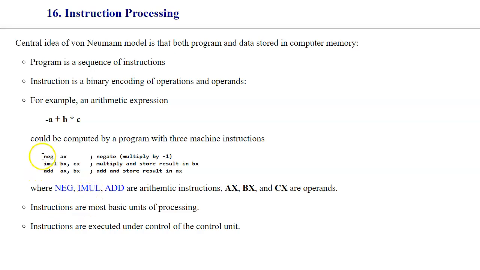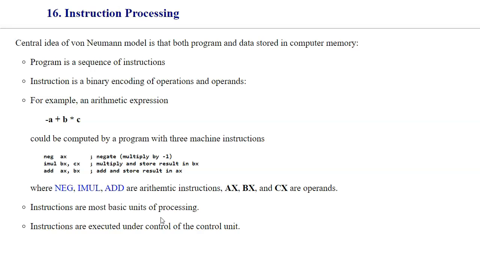The instructions, like each single one of these in our example, are the most basic units of processing. They're atomic, they're loaded into the CPU as one single unit, processed as a single unit, and they have predictable inputs and outputs in terms of what they manipulate.